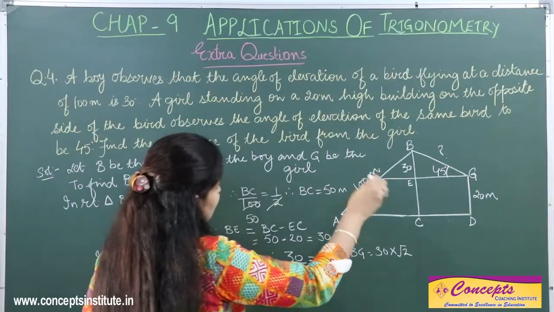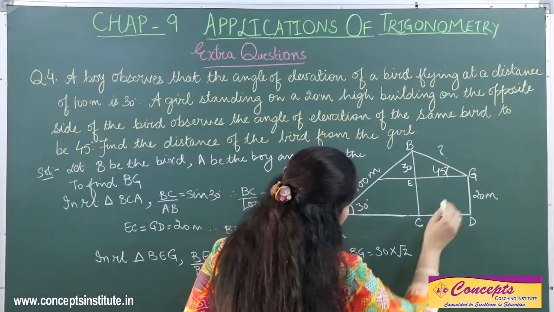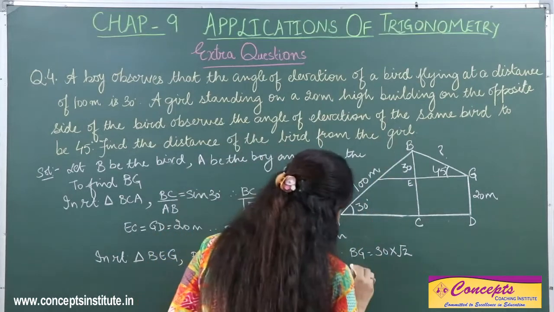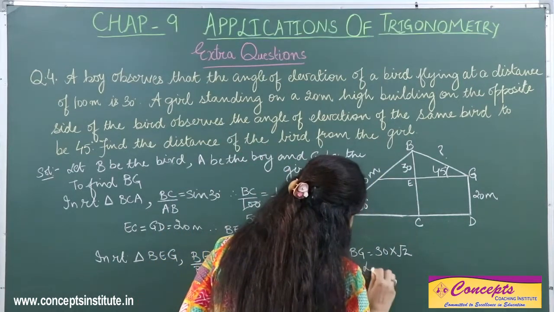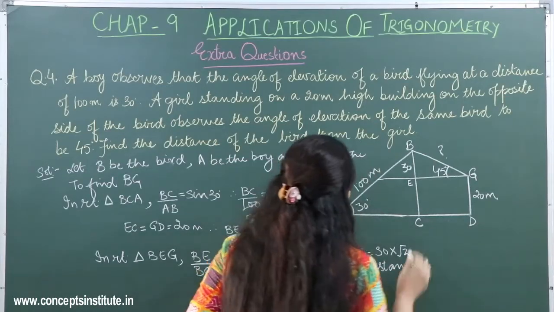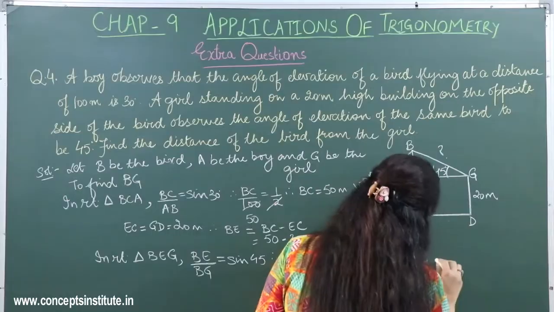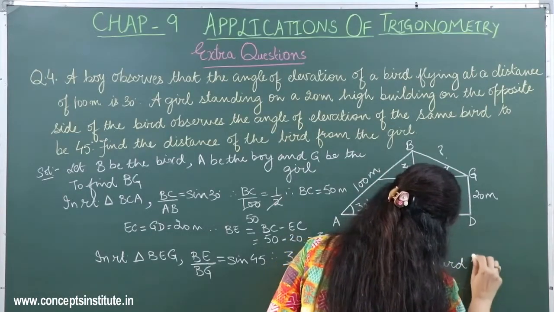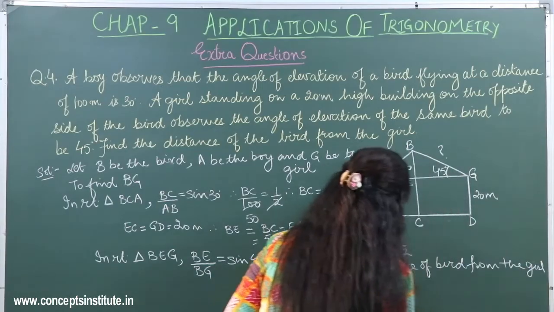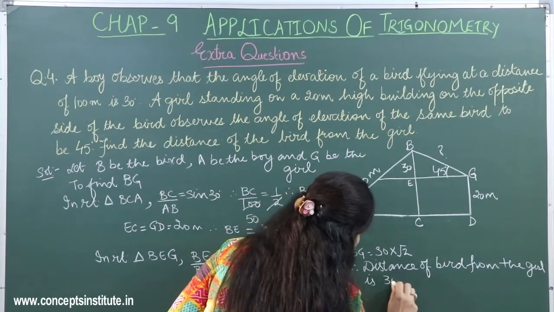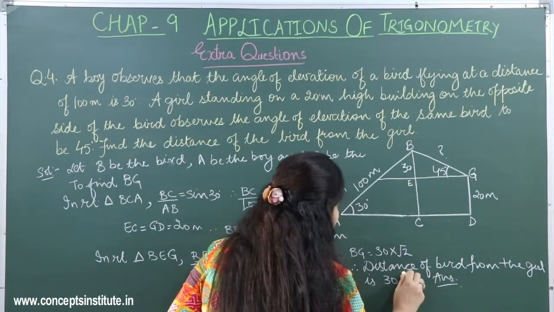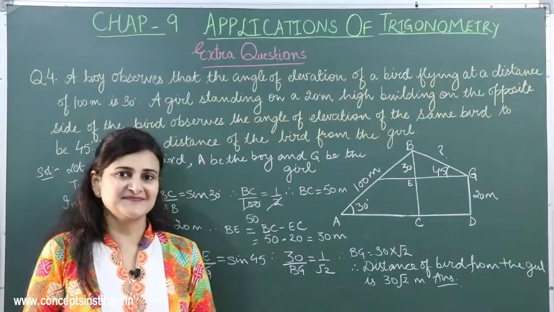So we can say that the distance of the bird from the girl is 30 root 2 meter, as the value of root 2 is not given to us. So I'll write therefore distance of bird from the girl is 30 root 2 meter, and this is the answer. Right students?